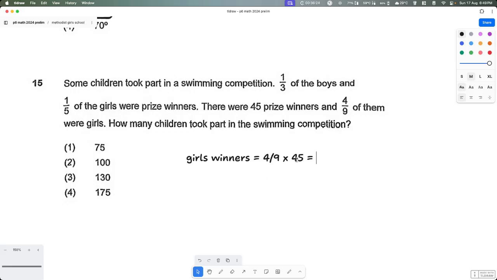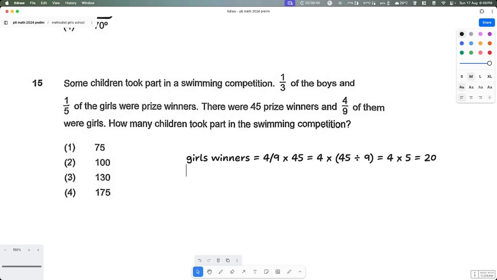So it's just like 4 times bracket 45 divided by 9. So this would then be equal to 4 times 5, which is equal to 20.